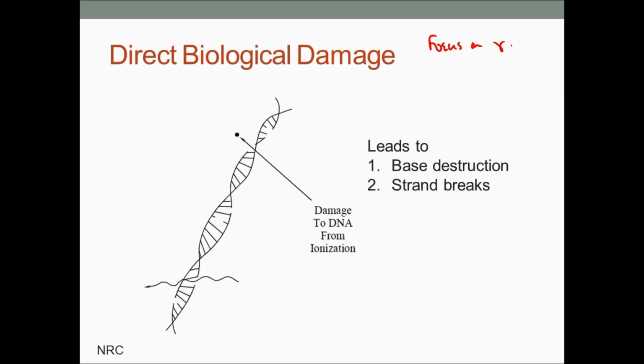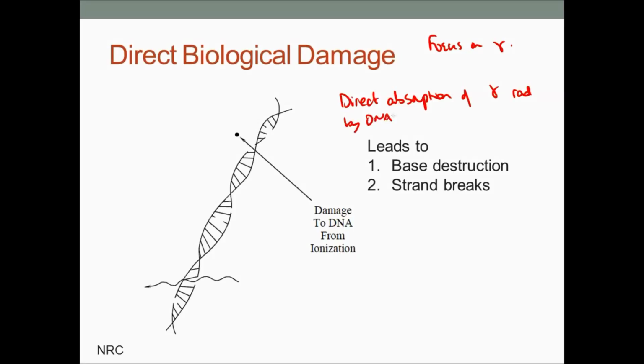One is, and the most damaging thing it can hit, of course, is DNA. Depending on which part of the DNA it hits, it can lead to various types of damage. So this is direct absorption of gamma radiation by DNA.